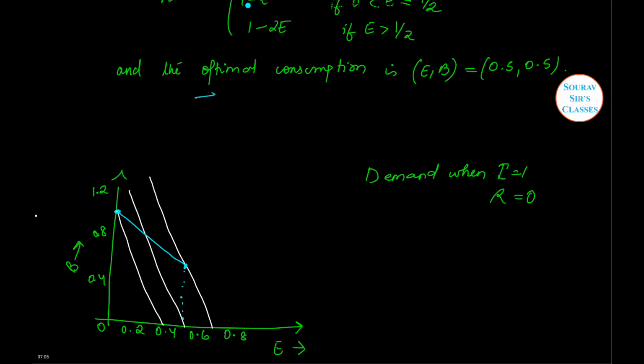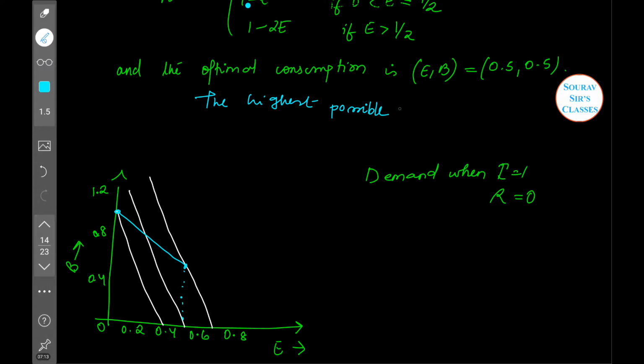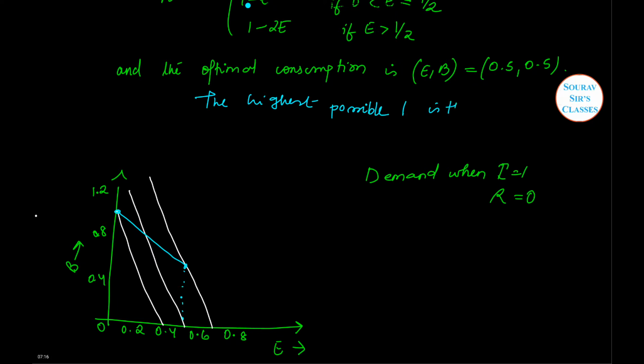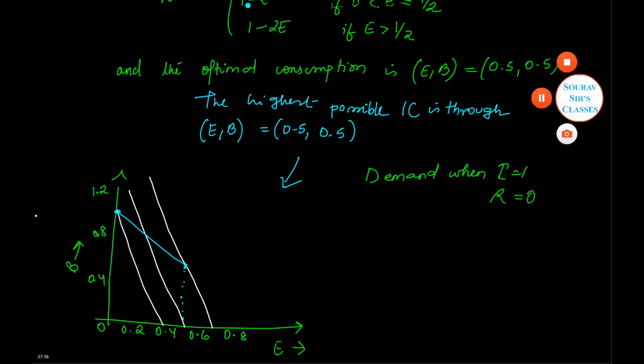The highest possible IC is through E comma B, which is equal to 0.5 and 0.5, and this can be verified from this graph. Next we move on to the last part of the question.